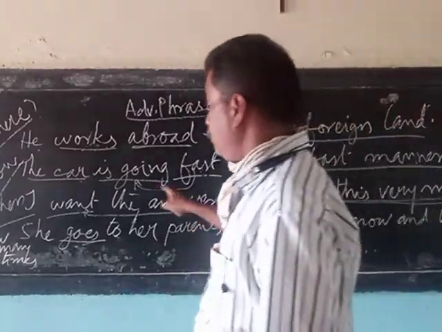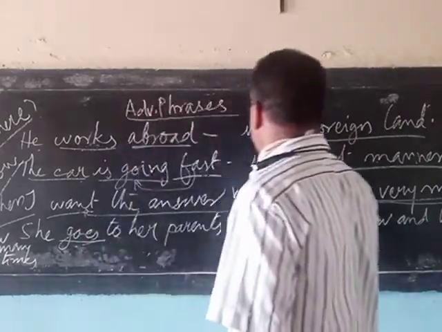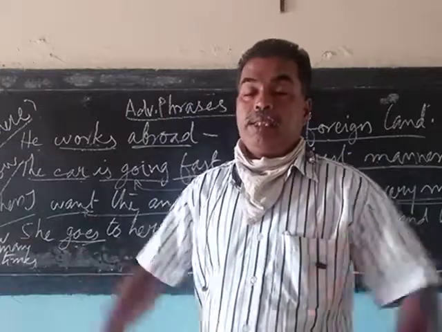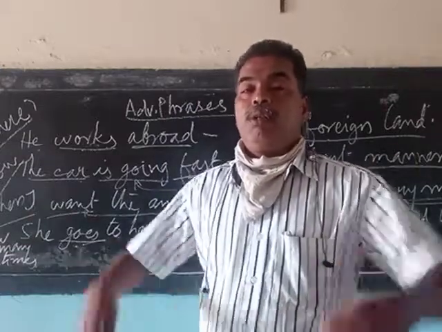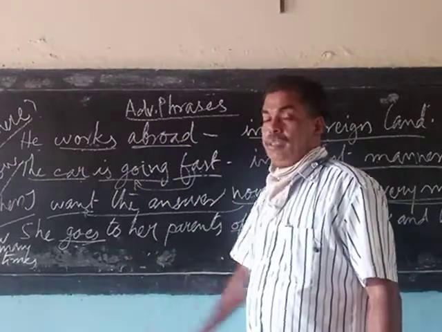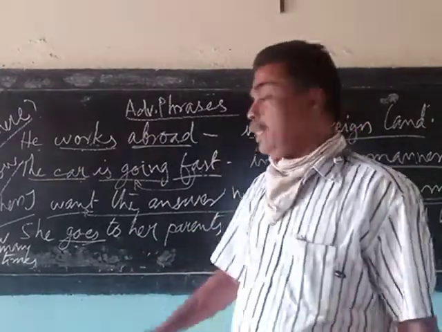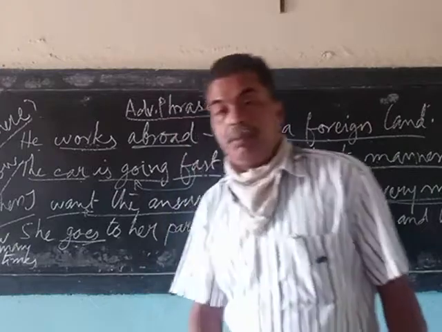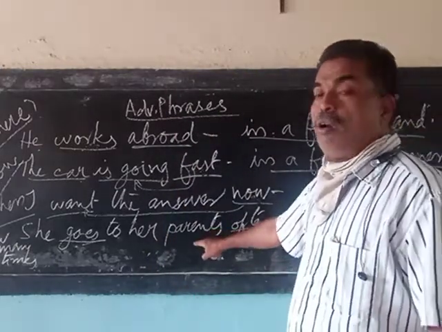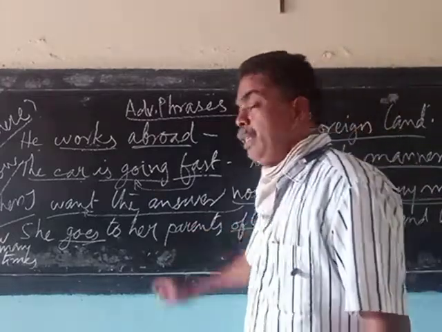Then we have, she goes to her parents often. Think of a girl staying in a hostel and studying, or working, or married and gone away. Now, very often, now and then, she visits her parents. She goes to see them. Now, how often is what is being mentioned?